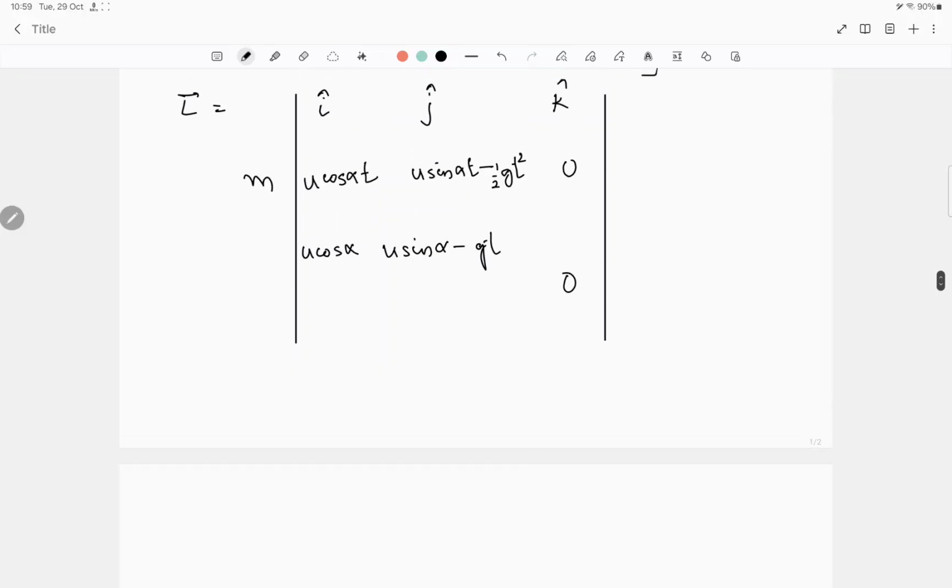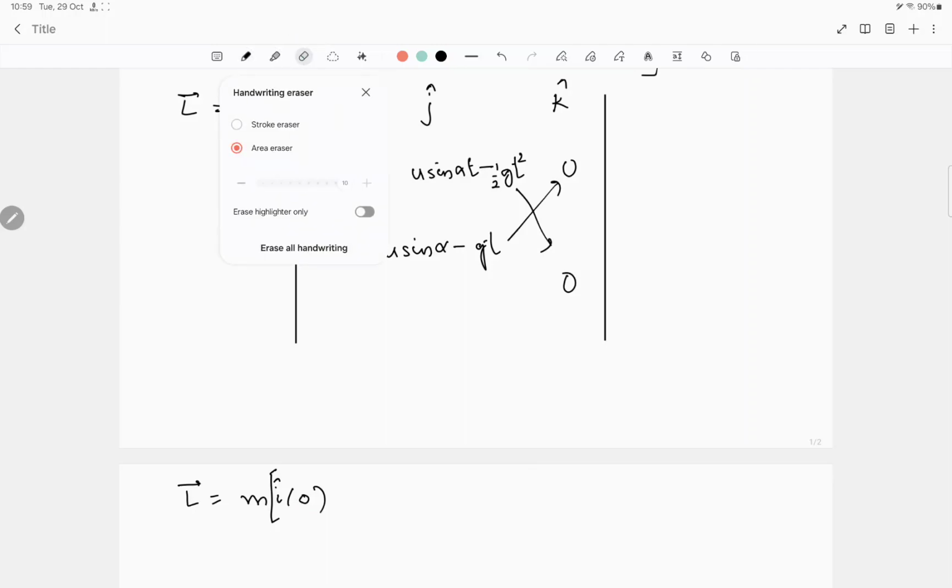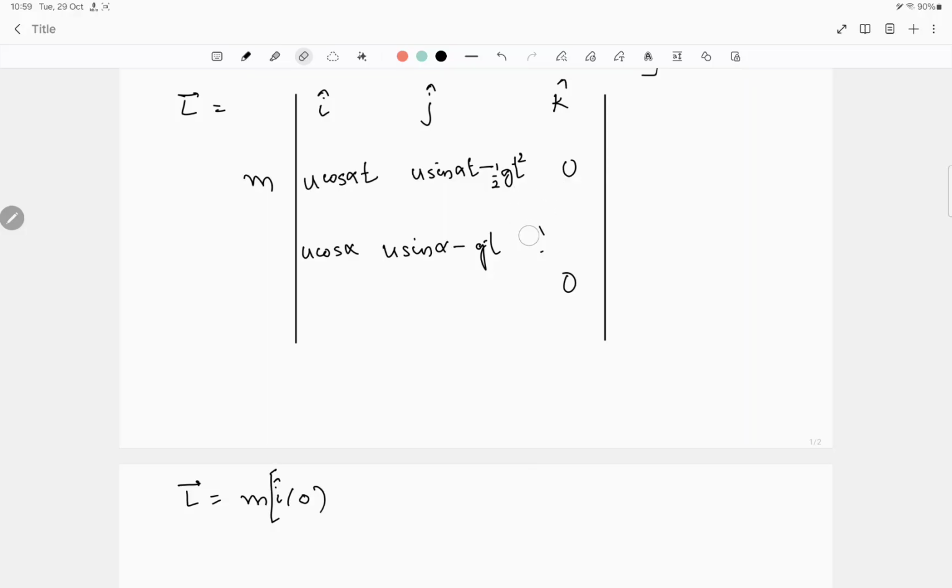So L becomes m into I cap. This into this is 0 and this into this is 0, so I cap into 0. Let's erase this.